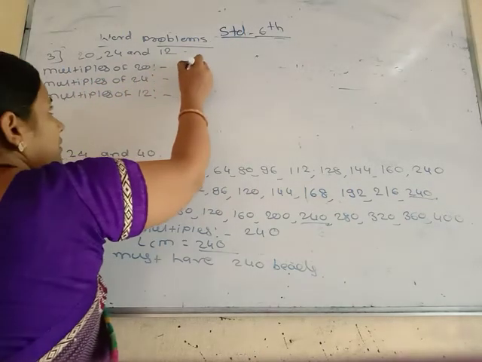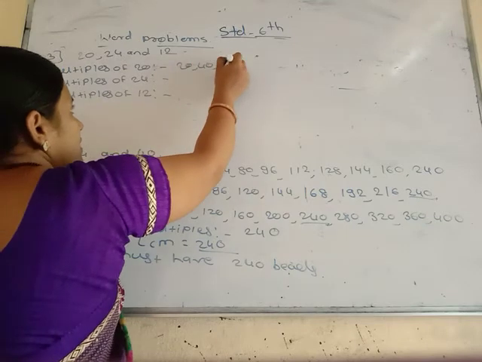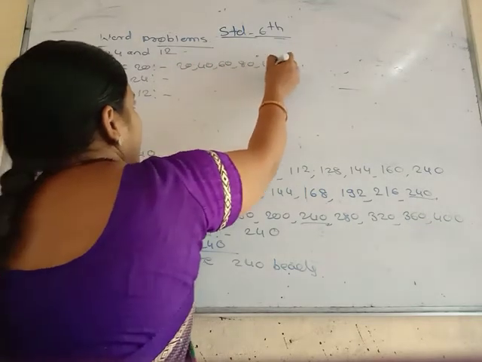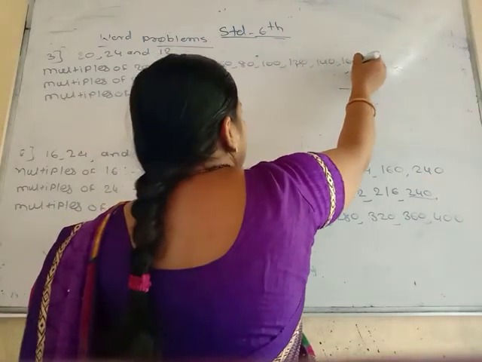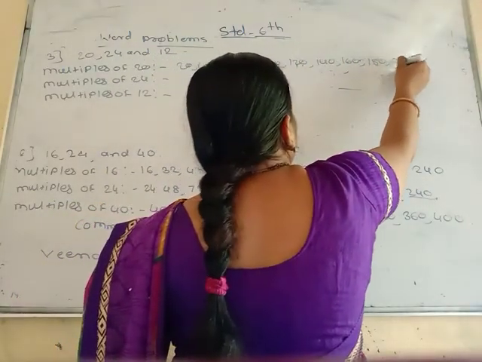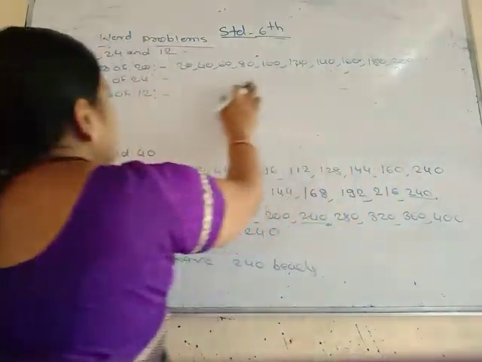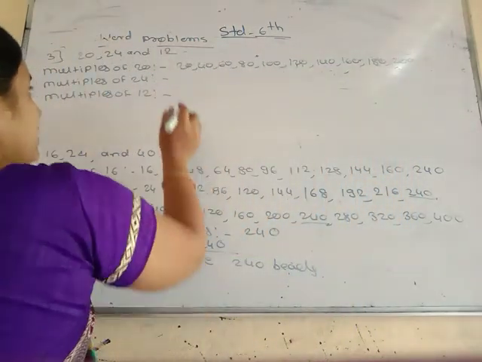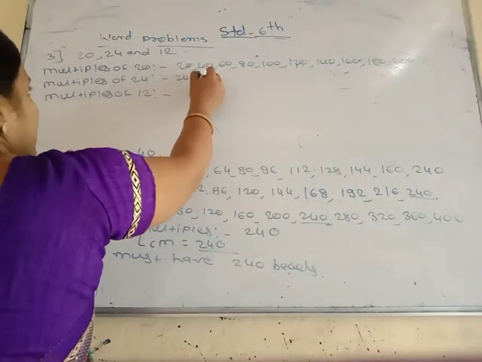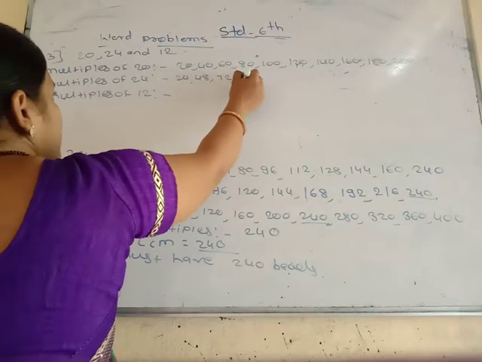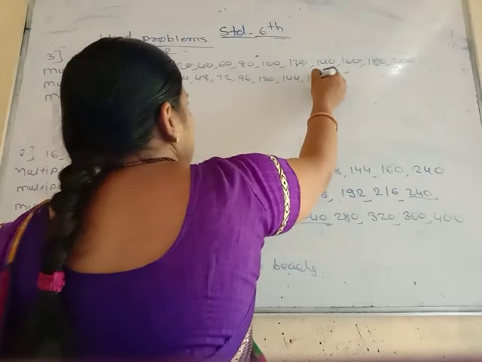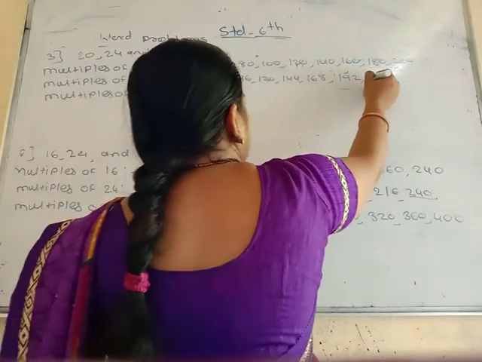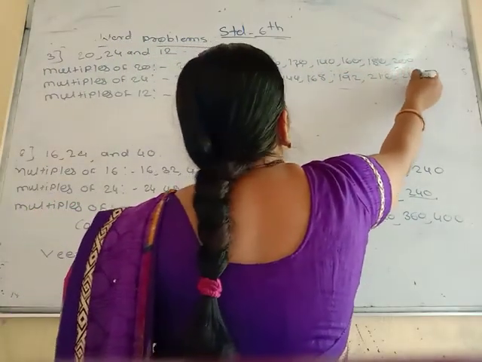The 20 table: 20, 40, 60, 80, 100, 120, 140, 160, 180 and 200. Then the 24 table: 24, 48, 72, 96, 120, 144, 168, 192, 216 and 240.